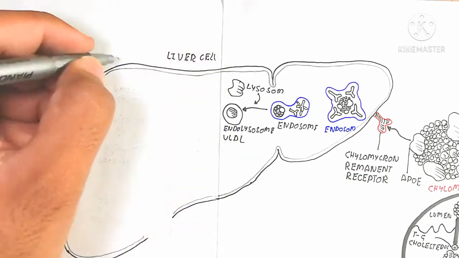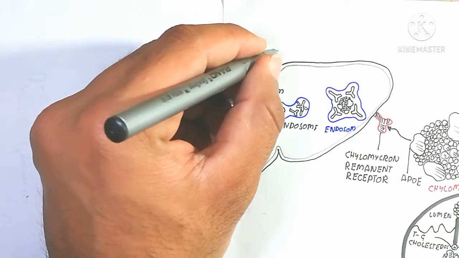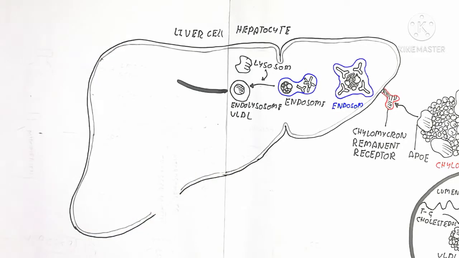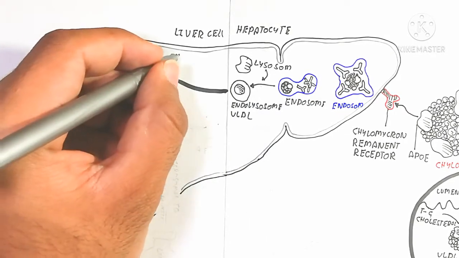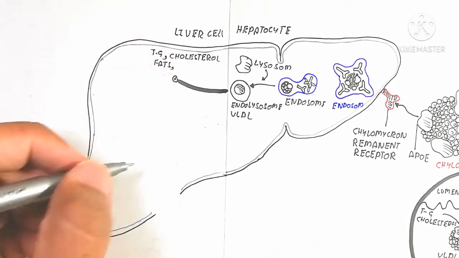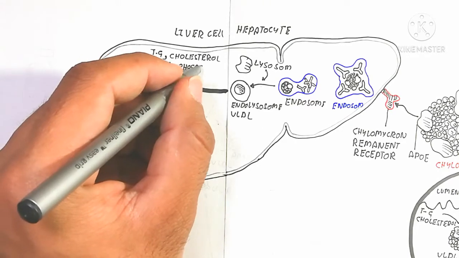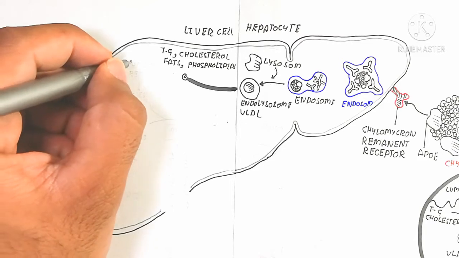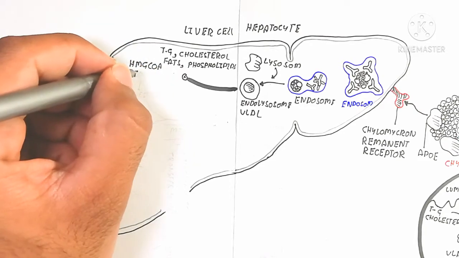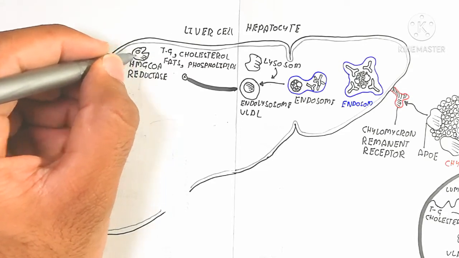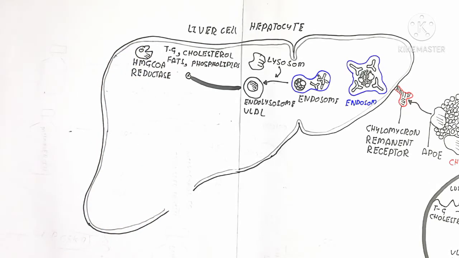The endosome is formed and separates the receptor, and an endolysosome is formed when the lysosome is added. The lysosome splits it into triglyceride, cholesterol, fats, phospholipids and more. These triglyceride, phospholipid and cholesterol are again converted into very low density lipoprotein.